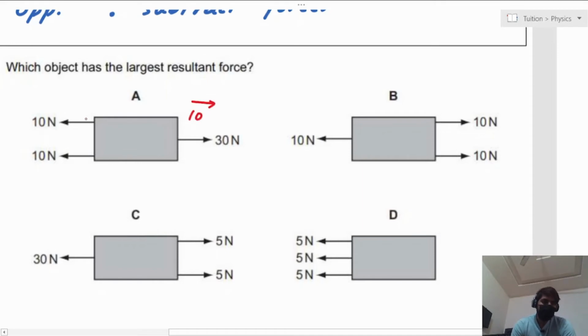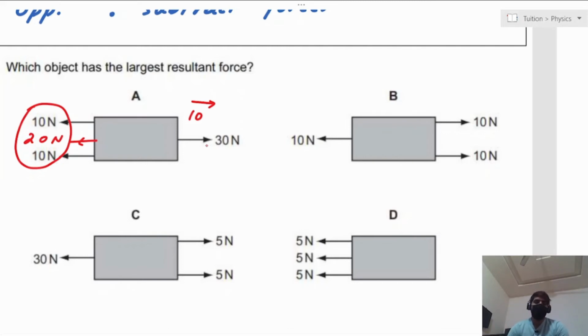How do we know? Because these two forces would be added up, it makes 20 Newton to the left, and then 20 Newton to the left and 30 Newton to the right. Then you subtract them, the resultant force is towards the bigger force, which is 10 Newton. From here we get a resultant of 10.